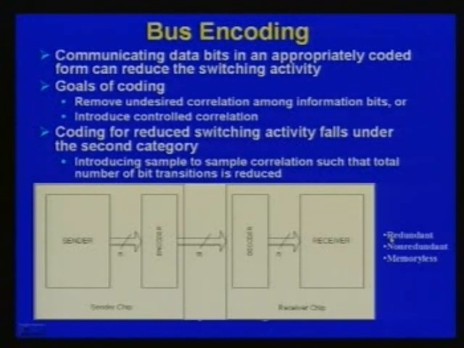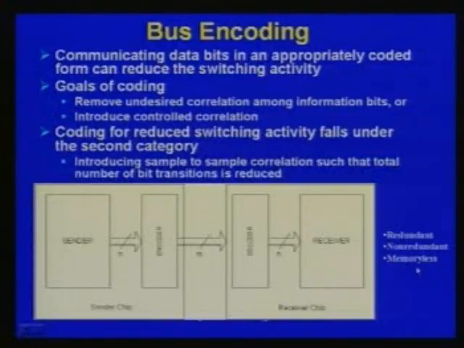And there are different types of codes. One is known as redundant code. That means the number of lines here is the same as the number of lines here, that means n and m are the same. Then non-redundant, where m is more than n, that means the number of bit lines used here is more than the number of lines here. Or it can be memoryless, that means the decoder and encoder need not require any memory.